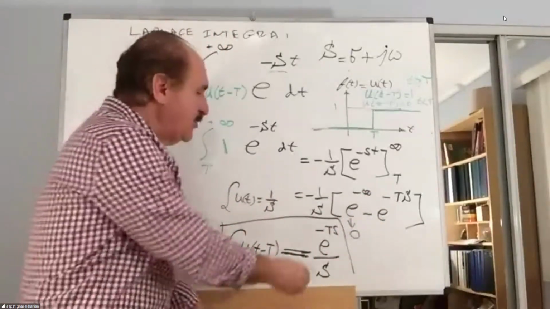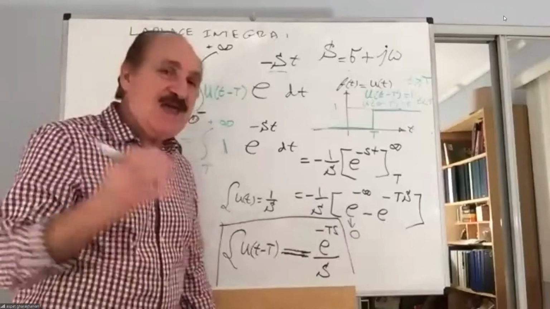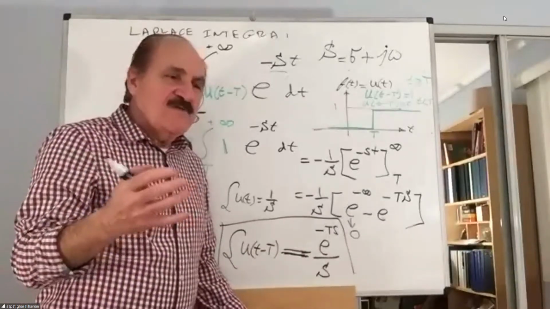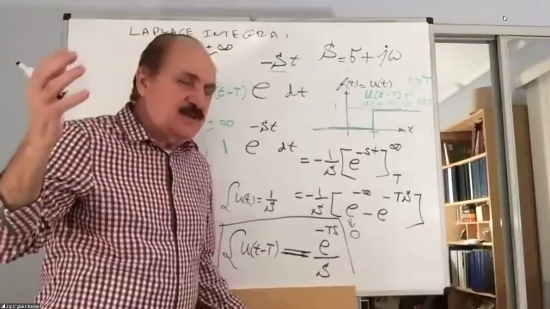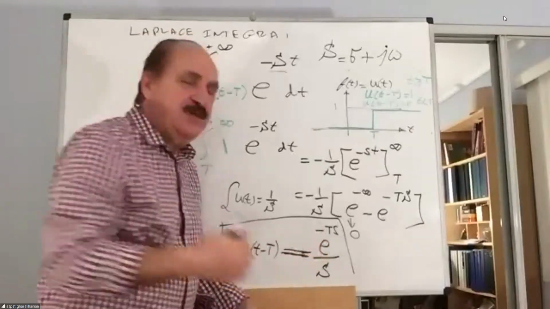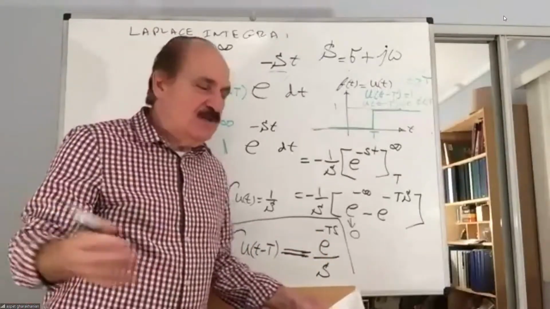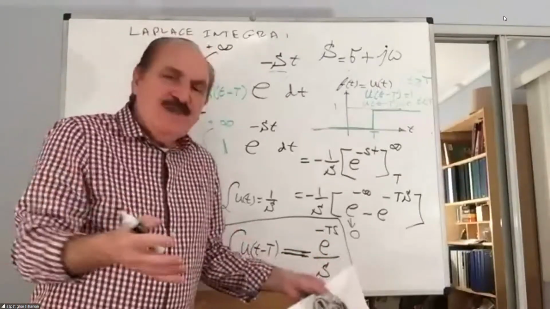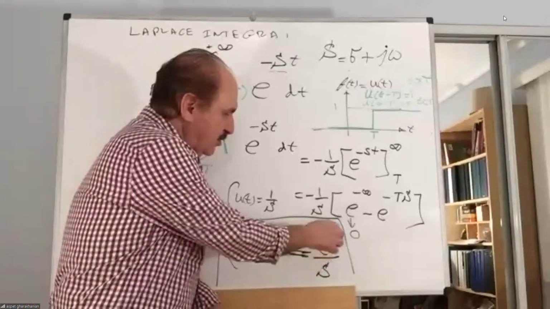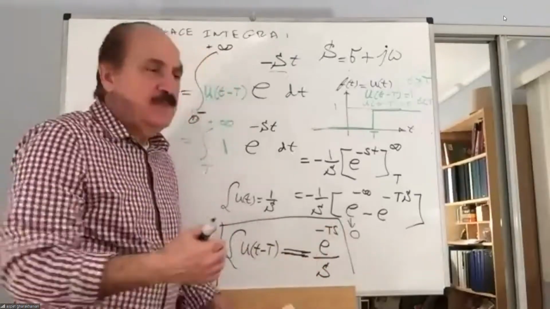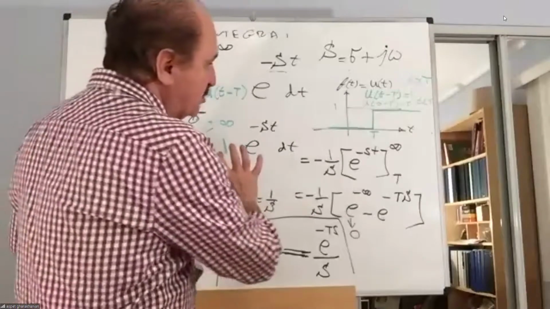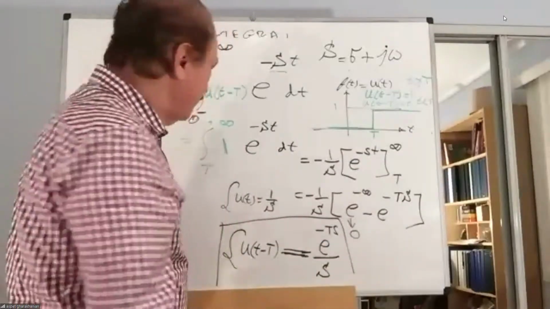So every time you multiply by e to the power minus Ts, some kind of exponent with a complex number at the top of it, with the time T, it's called a delay function. When you multiply e to the minus Ts by 1 over s, it implies that it is shifted in time.